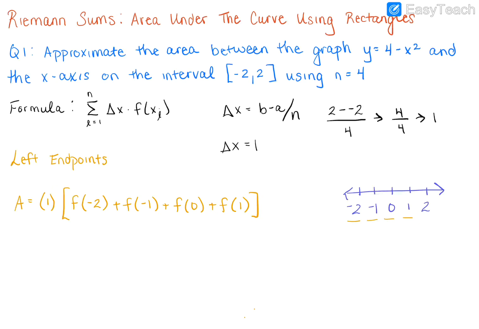So what that is going to look like is area is equal to 1 times 4 minus -2 squared plus 4 minus -1 squared plus 4 minus 0 squared plus 4 minus 1 squared.